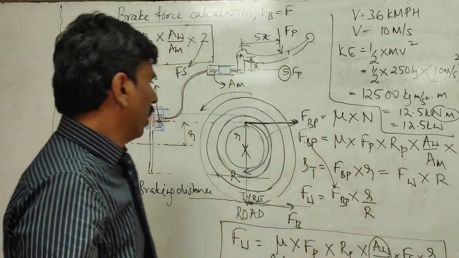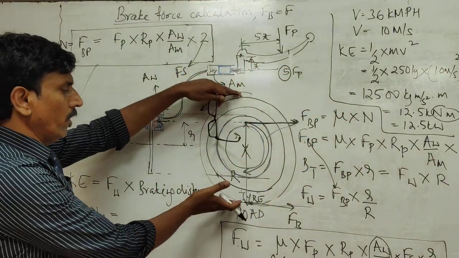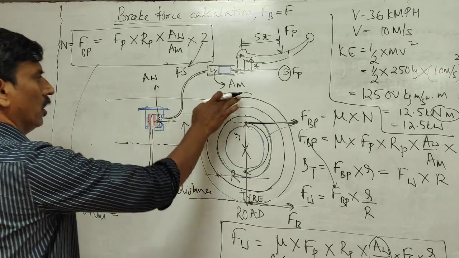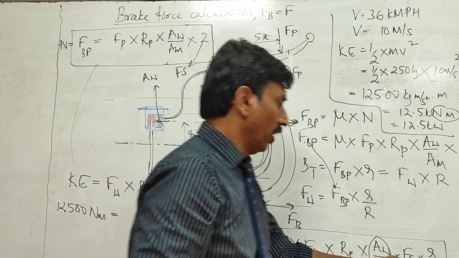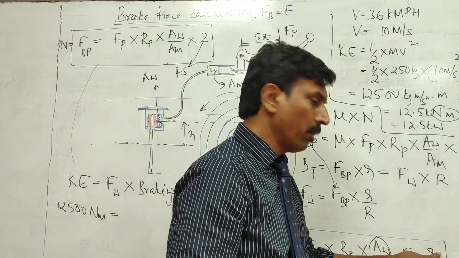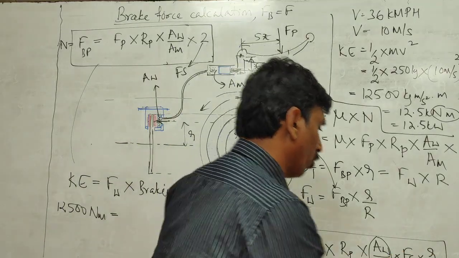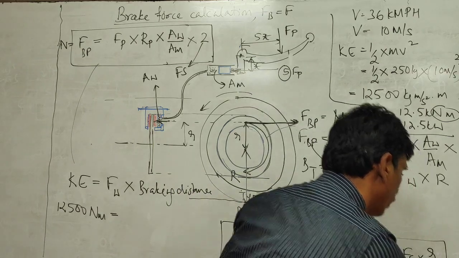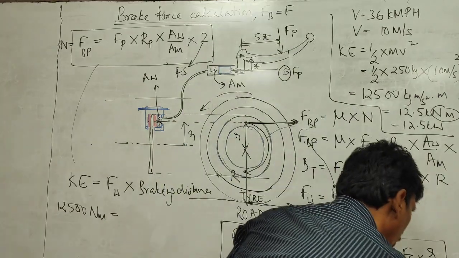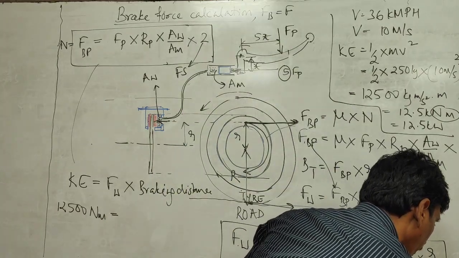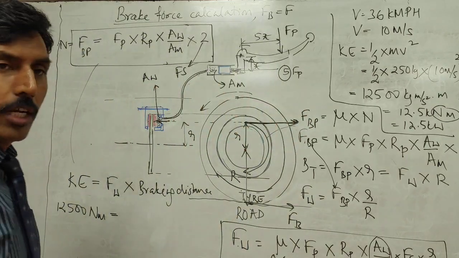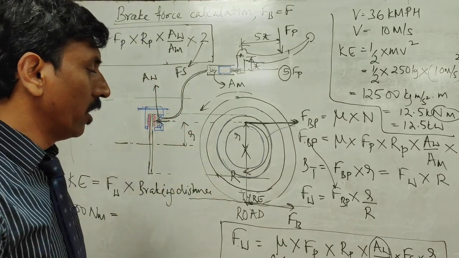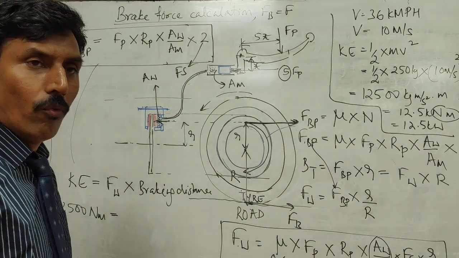And here, without much complications, let us say that the brake disc is around 250 mm, and this wheel is around 400 mm. So here you get this Fw. Can you guess what would be the value of Fw?